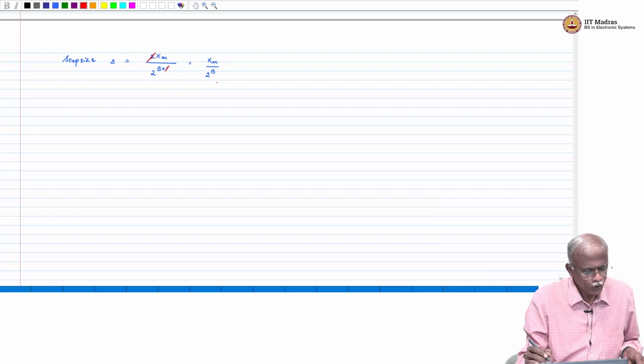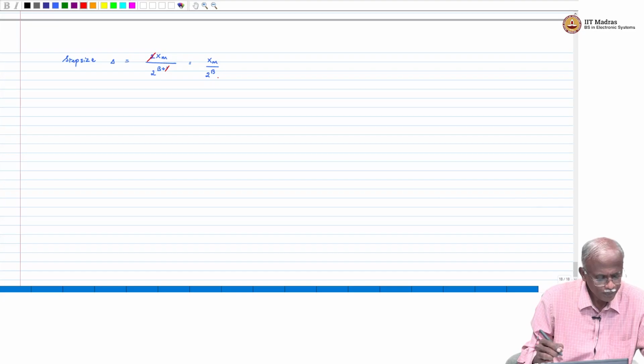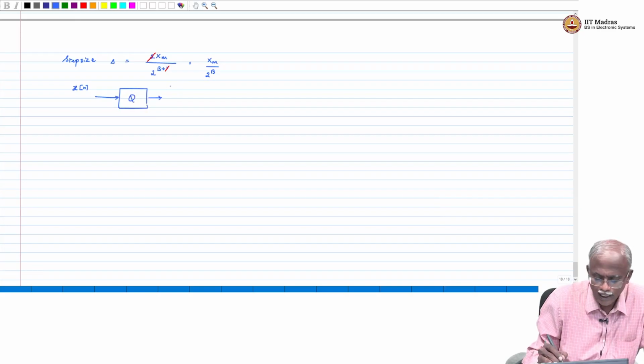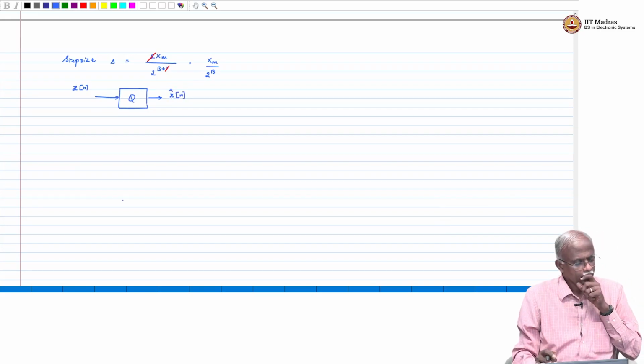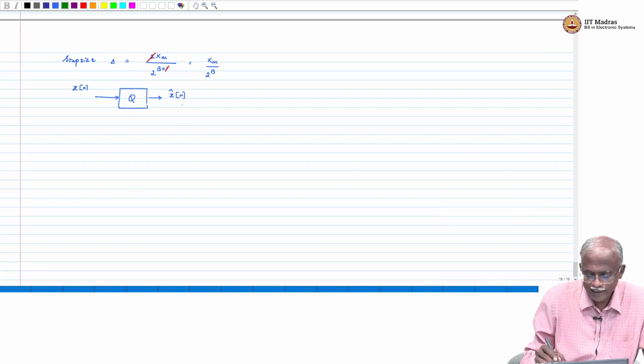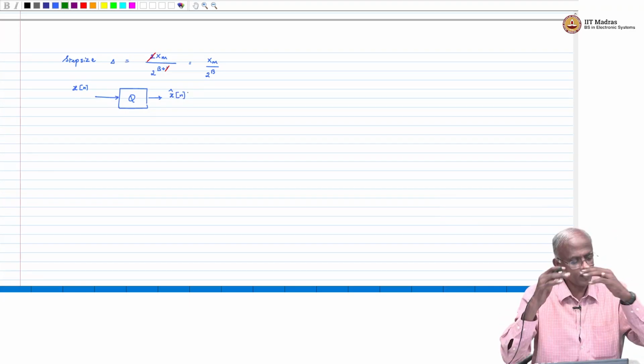Okay. So now what we are going to be looking at is the quantization operation itself. I have x of n passing through a quantizer and coming out as a quantized value. Now, we can visualize, obviously x of n and x hat of n are not the same because of the quantization.